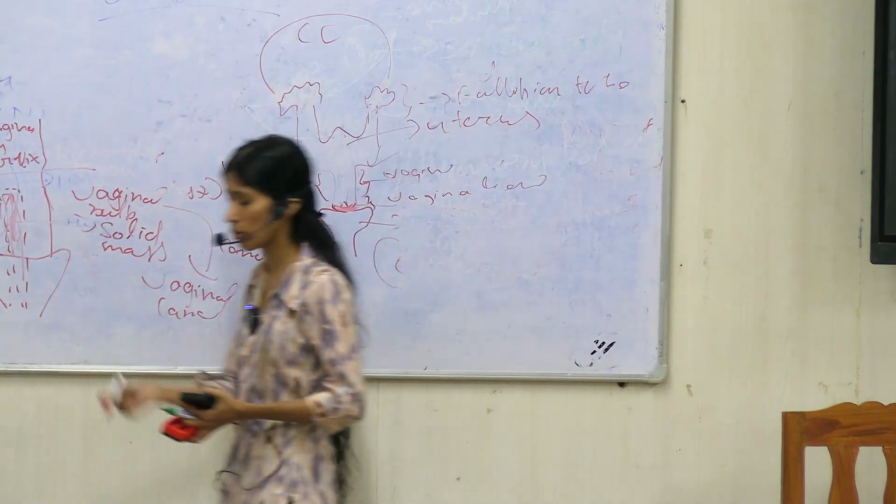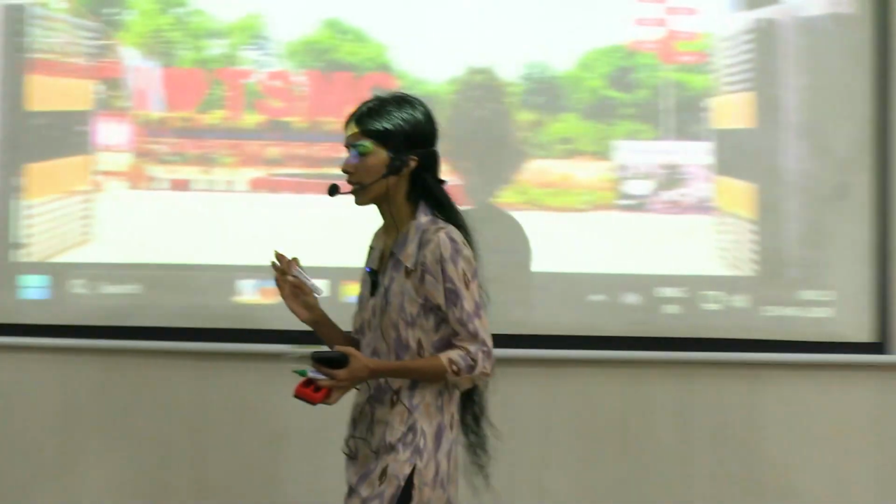Okay, so remember, the paramesonephric duct has three parts: cranial part, intermediate part and caudal part. The cranial part that is present in the lateral aspect will develop into fallopian tubes.